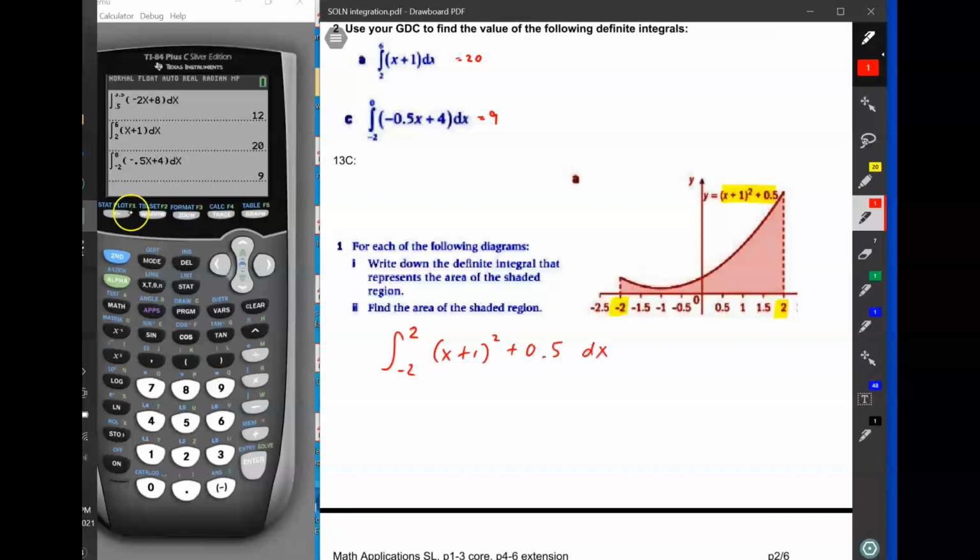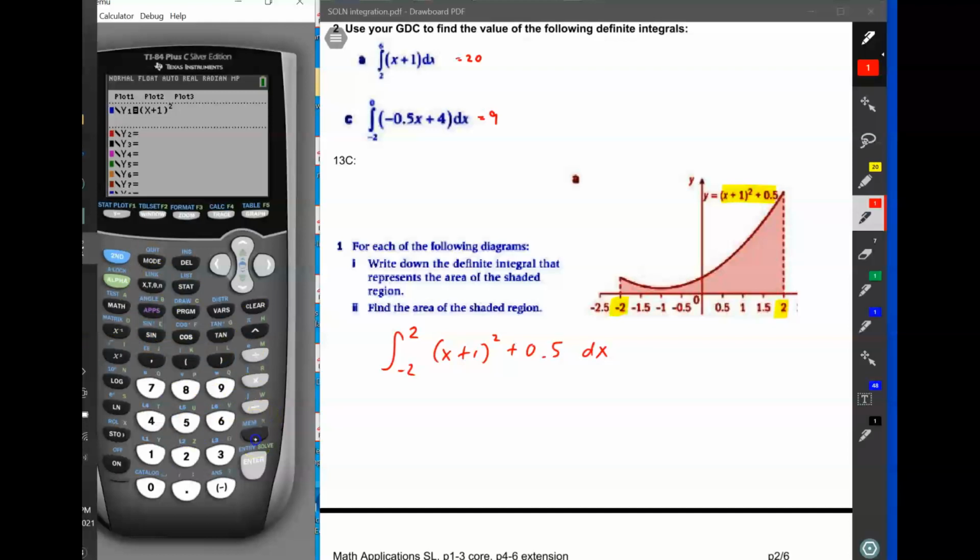Okay, so I'm going to do this one with graphing so that I can match the picture. X plus 1 squared plus 0.5. Graph. And then I'm going to integrate it from -2 to 2.